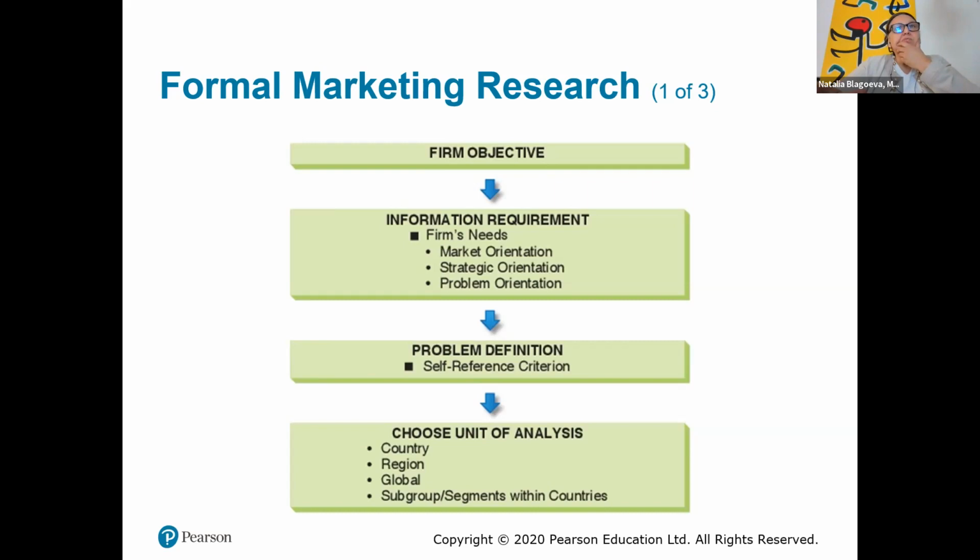Then there's a whole bunch of information requirements that we need to set, and we need to understand and set our market orientation, strategic orientation, and problem orientation. Out of that comes the problem definition. In the problem definition, we need to be very much aware of our self-reference criterion. I'm going to speak a little bit about that.